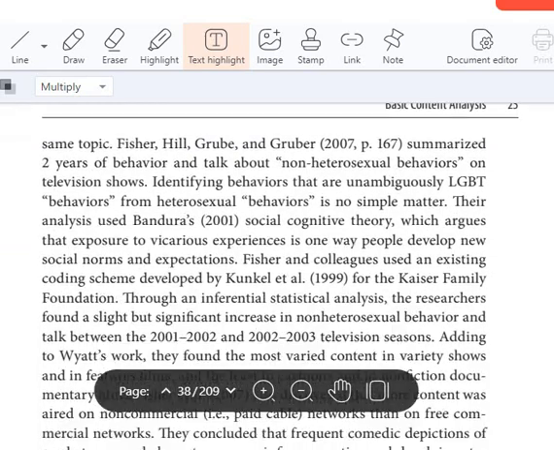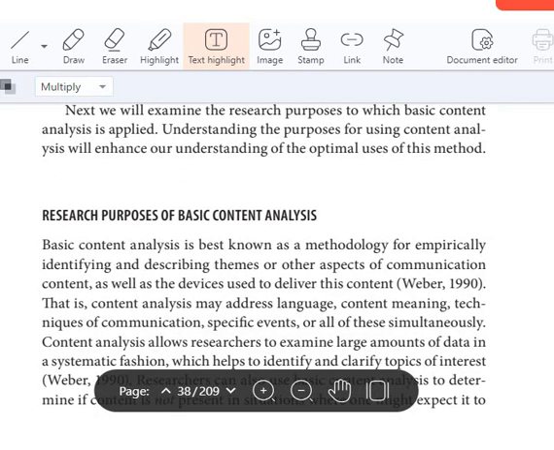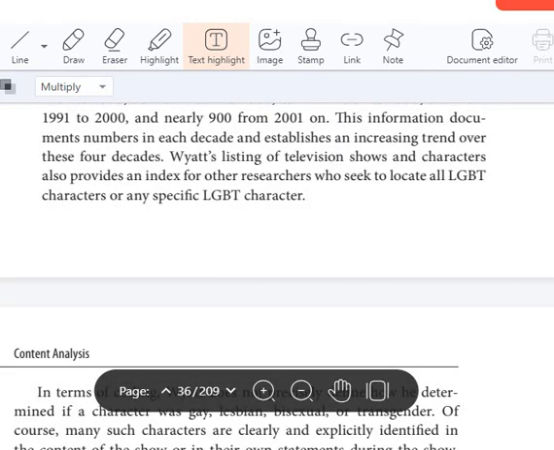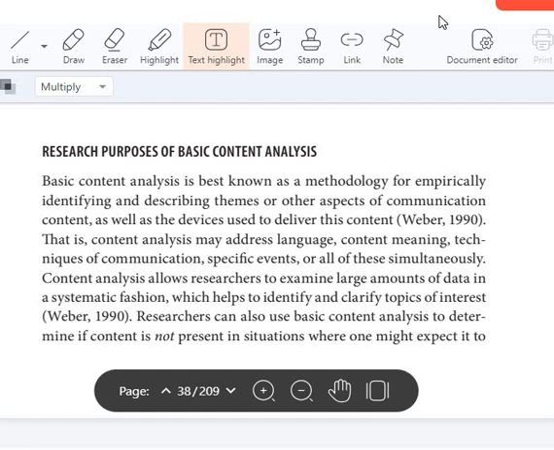Okay, let's move on, trying to understand the research purposes of basic content analysis. Okay, so we should understand that the main aim for content analysis is to shed light on a certain social problem, and I want to find a solution for this problem.